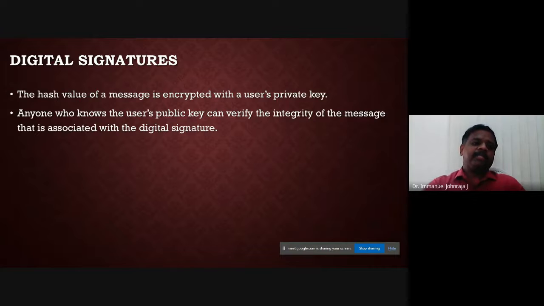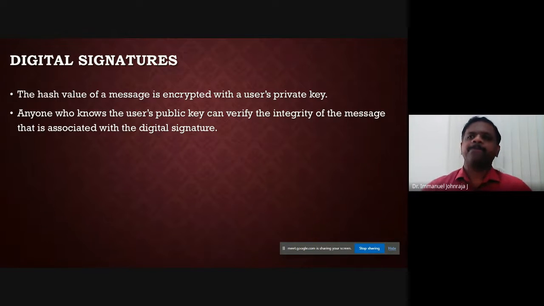How are we going to apply our hash with the digital signature? The hash value of a message is encrypted with the user's private key. Though there are downsides, for digital signatures we heavily rely on the encryption algorithm. So what's the advantage here? Anyone who knows the public key of the user can verify the integrity of the message. This is what happens in user authentication, and that is the objective of digital signatures.